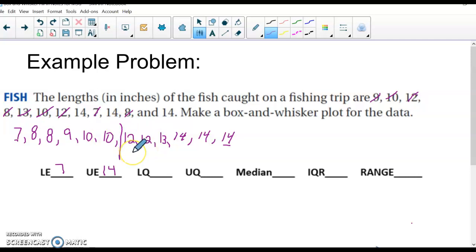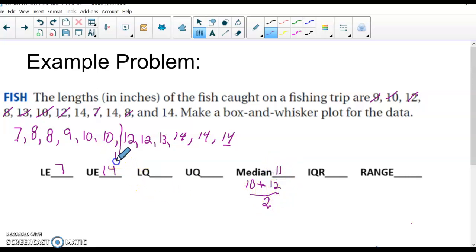Yesterday, in our video, the data set was an odd data set. So this is your first look at what it looks like for an even data set. Our median is going to be 10 plus 12 divided by 2, or in between 10 and 12, which is 11.